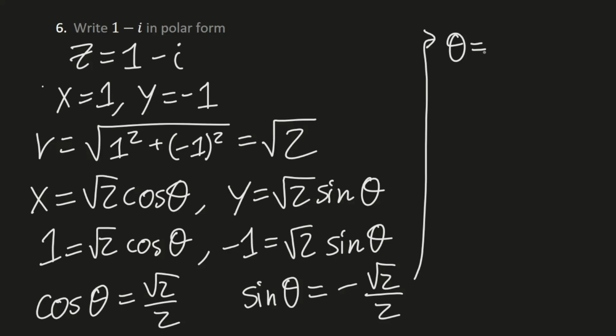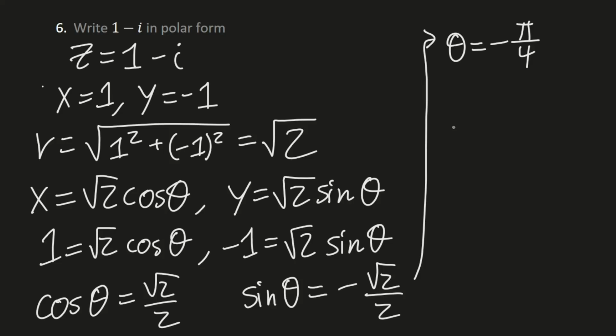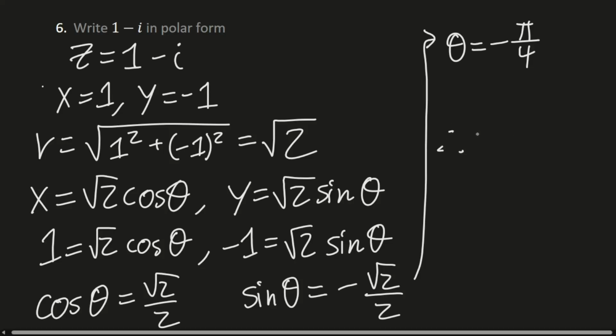So that would be, if you want to put it in negative, it would be negative pi over 4. Yeah, negative pi over 4. Is that correct? Yeah. And then so it will become square root of 2 times cis negative pi over 4.